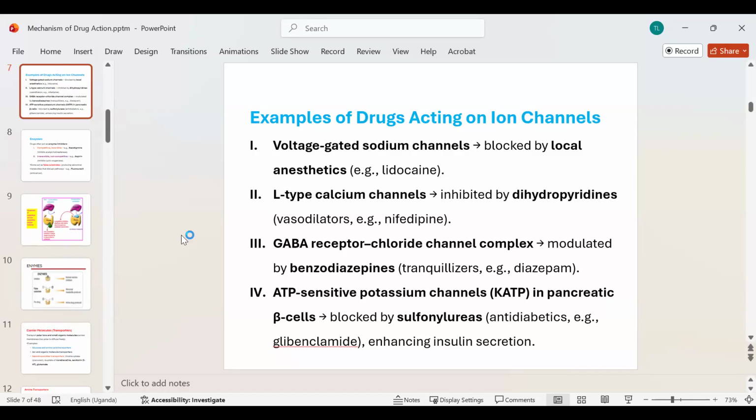The minor tranquilizers are the sedatives, hypnotics, and anxiolytic agents like diazepam, midazolam, and other drugs that are sedatives and hypnotics. Those ones bind to GABA and open the channel.